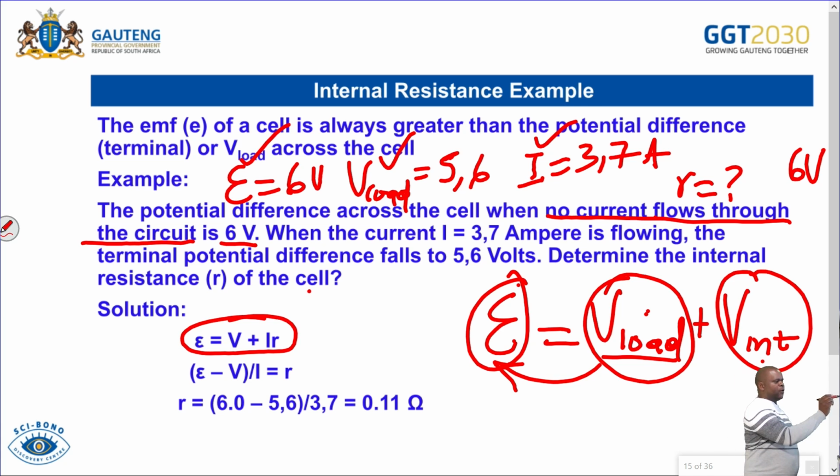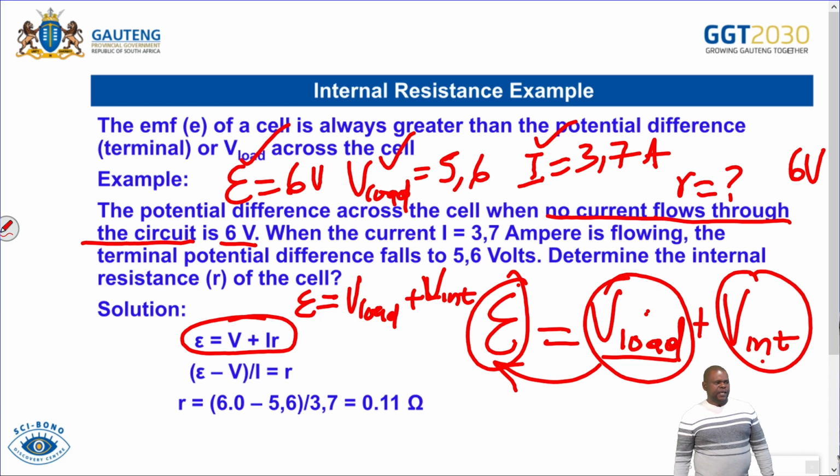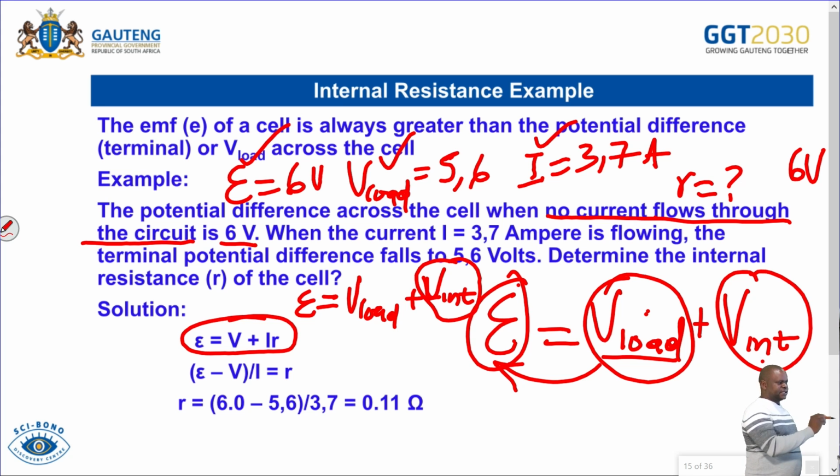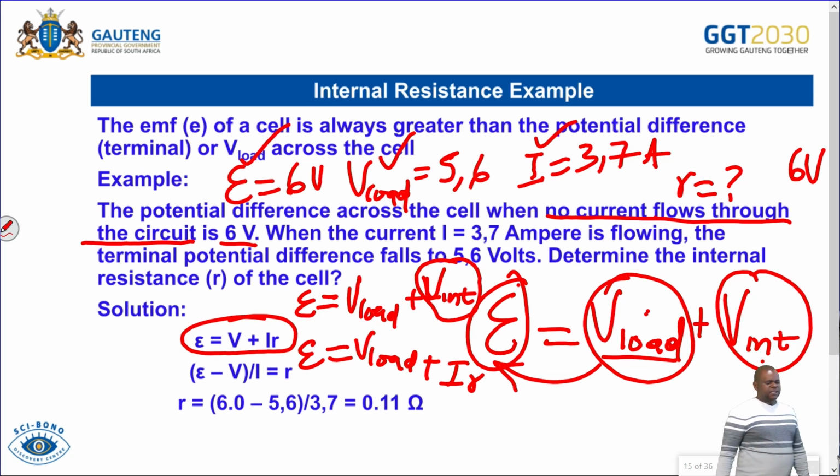We can say the EMF is equal to V load plus V internal. When we expand, E is equal to V load plus V internal, which is I multiplied by small letter r.